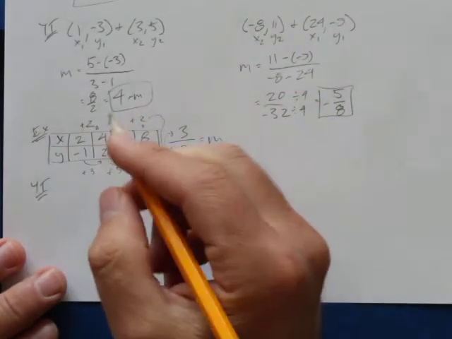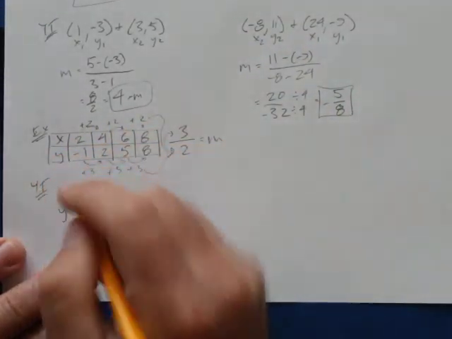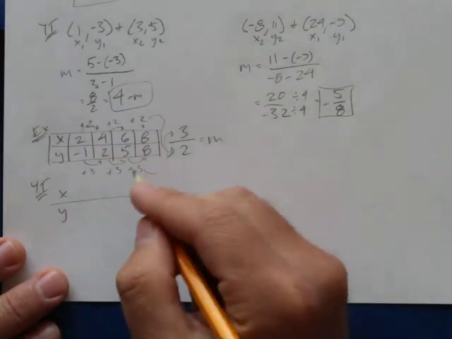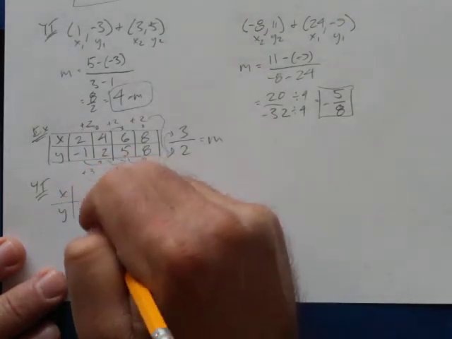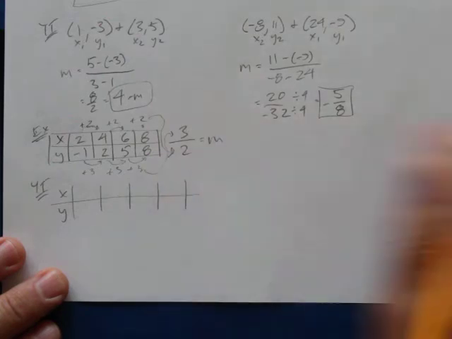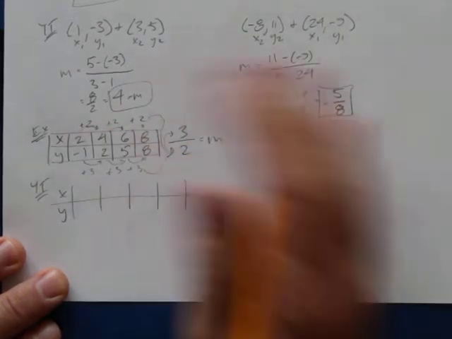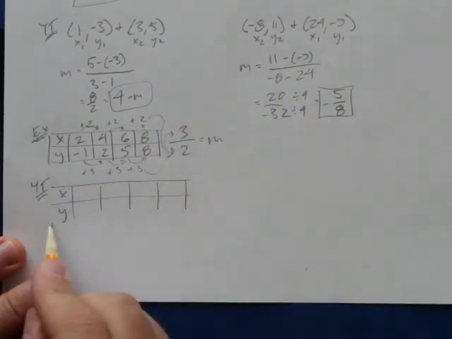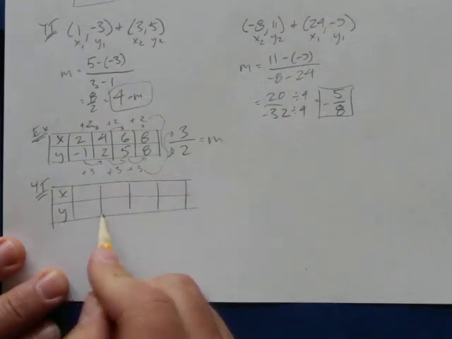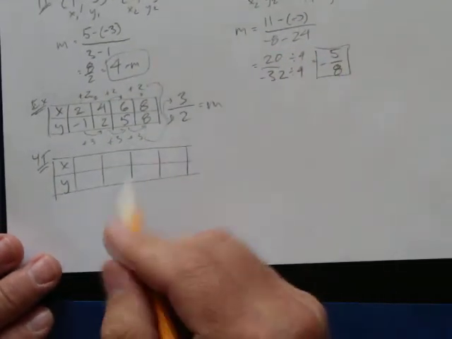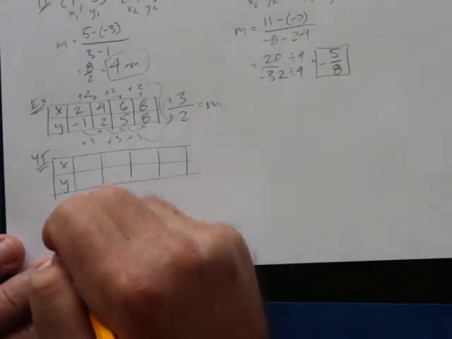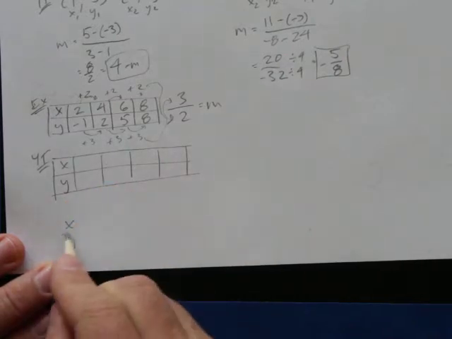So here you've got x and y, and there's going to be 4 of these guys. This is just like a sideways t-table. And I'm going to give you another one too, same idea.